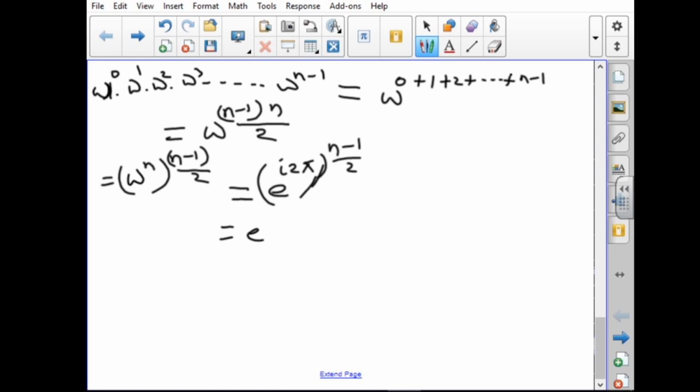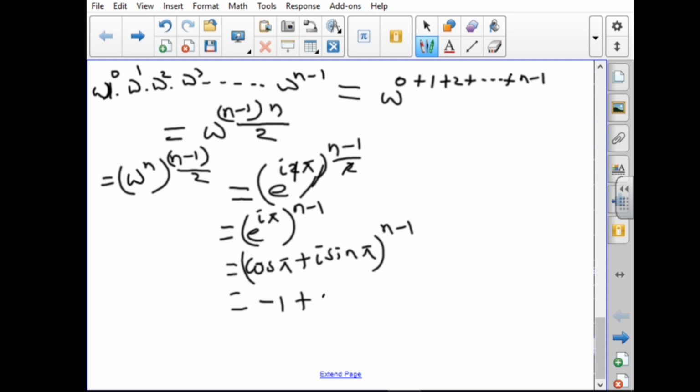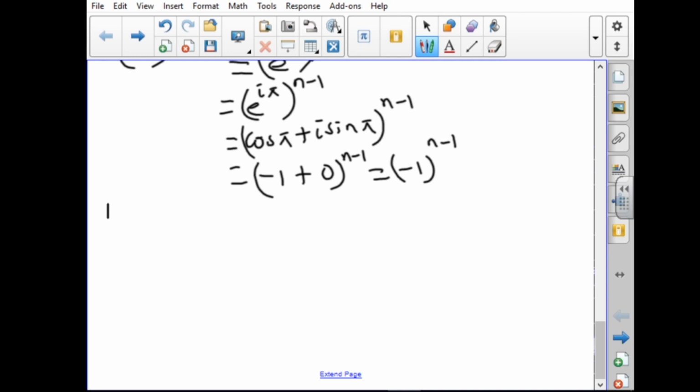So, we get e power i pi power n minus 1. So, e power i pi is cos pi plus i sin pi, power n minus 1. Cos pi is minus 1 and sin pi is 0. So, power n minus 1, which is equal to minus 1 power n minus 1. So, product of n roots of unity.